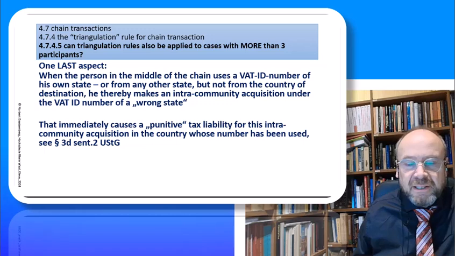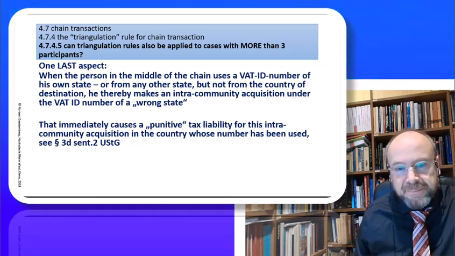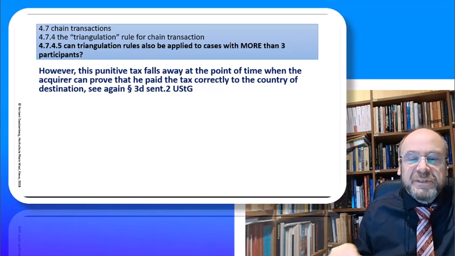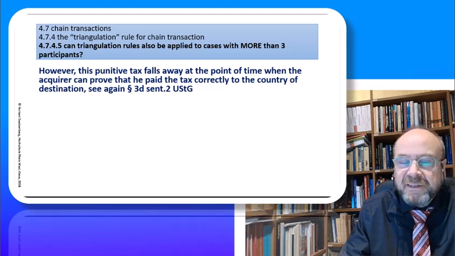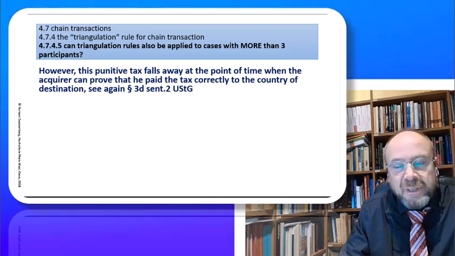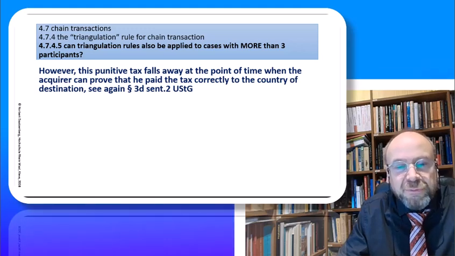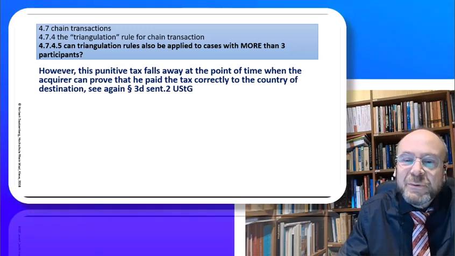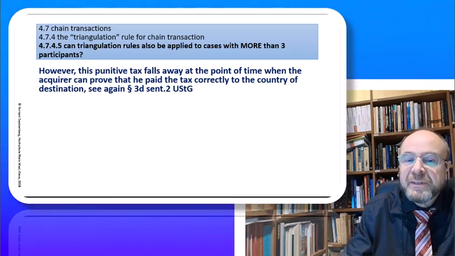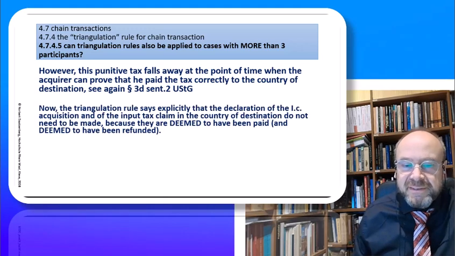However, if it's a triangulation case, this punitive tax under the basic rule falls away at that point of time when the taxpayer can prove that he paid the acquisition tax correctly to the country of destination. That's also in 3D sentence 2.